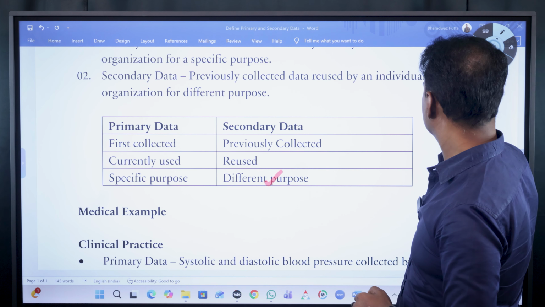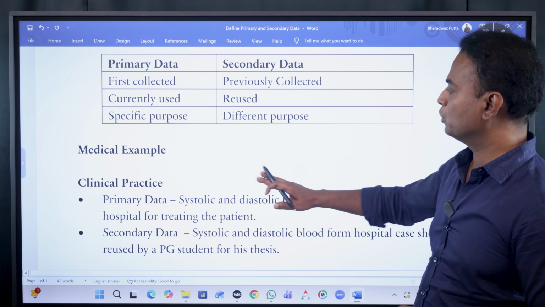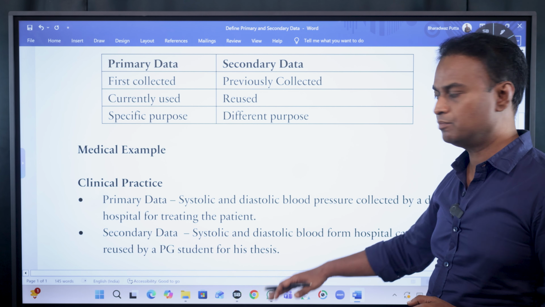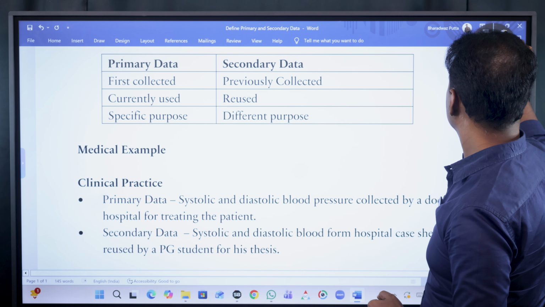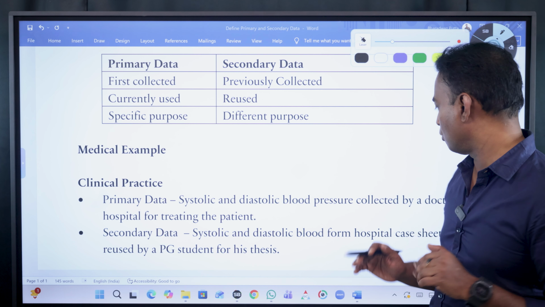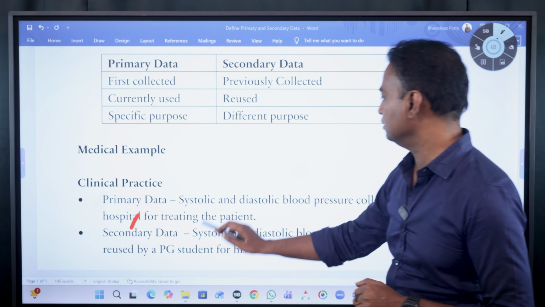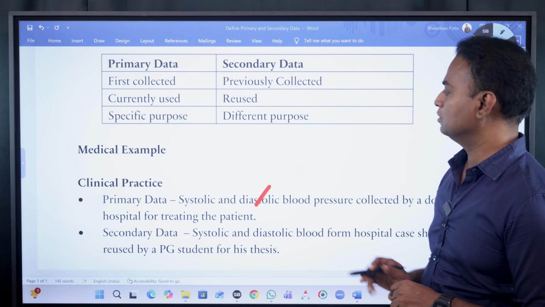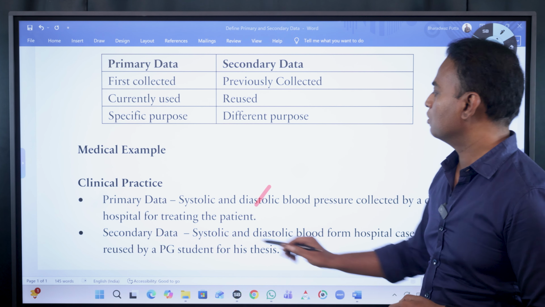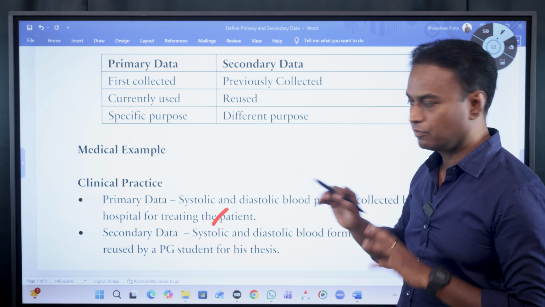Now we will check this up with an example. So here I have given two examples. One is from clinical practice, one is from preclinical research. For example, a doctor in a hospital is collecting systolic and diastolic blood pressure for treating the patient. Here, it is collected for the first time.